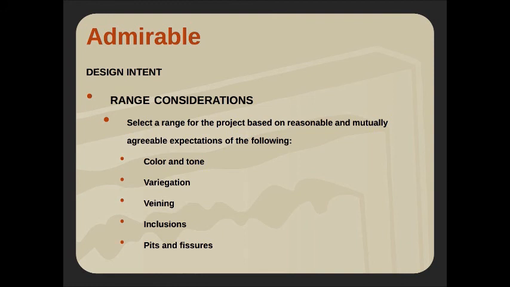We might have inclusions, fossils, and then we have pits and fissures. All these things are a part of the stone. There isn't much we can do about that. It's innate. All we can try to do is control those to a certain extent. But the point of this slide is we want to be reasonable in that selection.